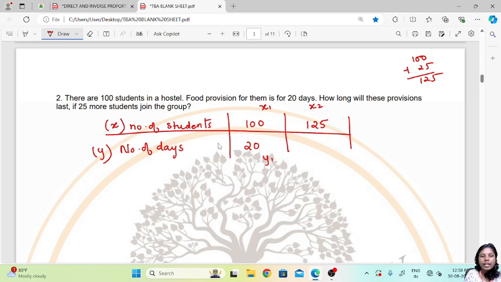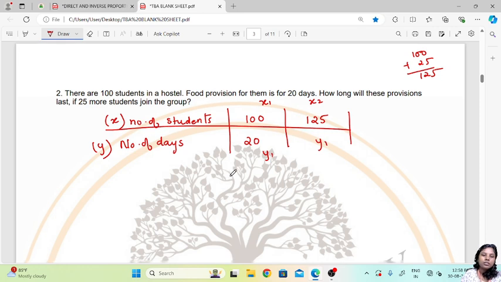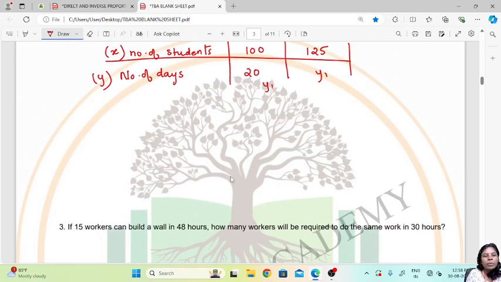Now you have to tell for how many days that same amount of food will last. So y2 is unknown here. So same formula, we have x1 into y1 will be equal to x2 into y2.